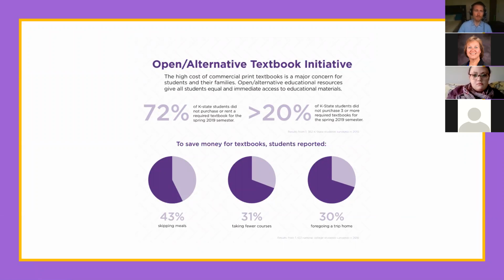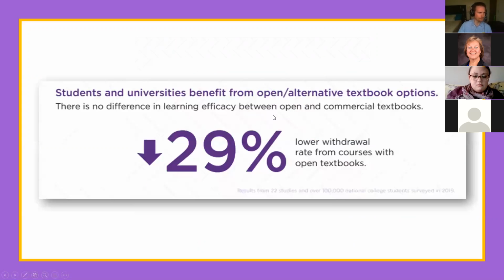The cost of textbooks is a major hurdle for our students. We're going to be talking a lot about the sharing potential in the online learning environment, but even outside it, once we transition back to on-site, it's going to be important.